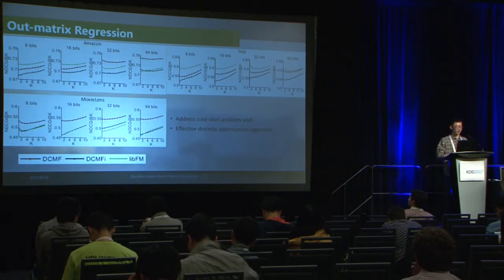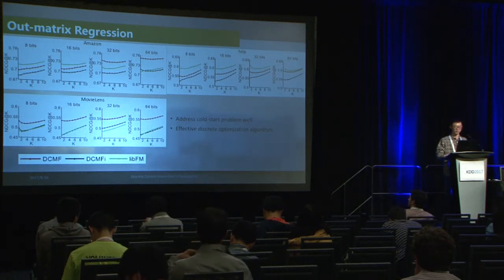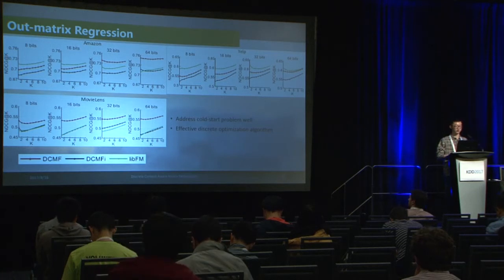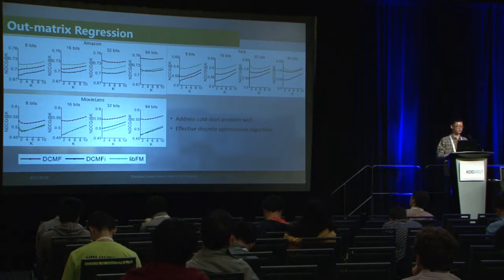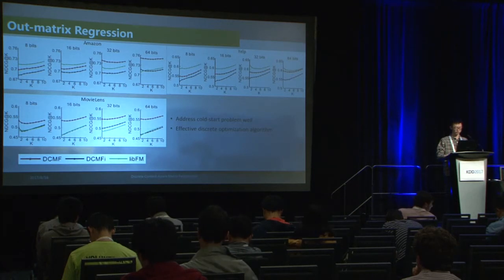These are our out-of-matrix regression results, which are used to simulate the cold-start problem. Under such a condition, DCF doesn't work. And as we can see, with the increase of the length of hashing codes, the performance of DCMF could approach and even surpass that of libFM.